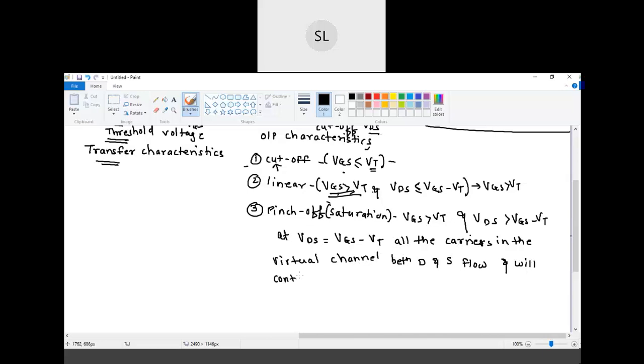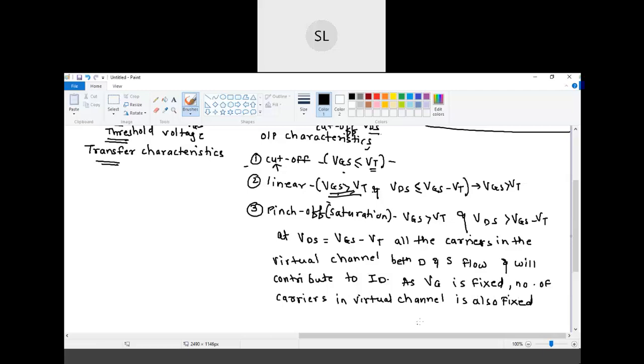As we know, the gate voltage is fixed. Since the gate voltage is fixed, the number of carriers in this virtual channel will also be fixed, right?